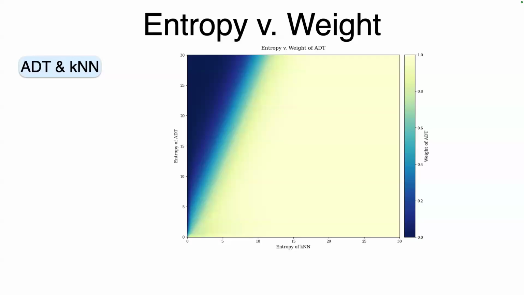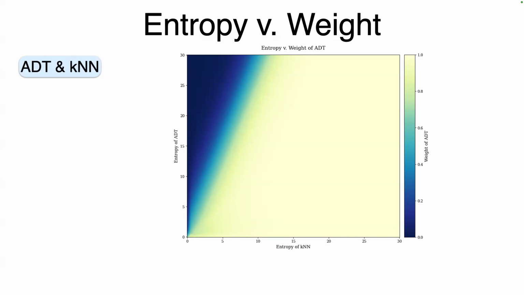When we look at low values of entropy, we give it a higher weight. If we look at high values of entropy, we give it lower weights, which is the opposite of maximum entropy. Maximum entropy should tell us that when the entropy is higher, we should give it higher weight.